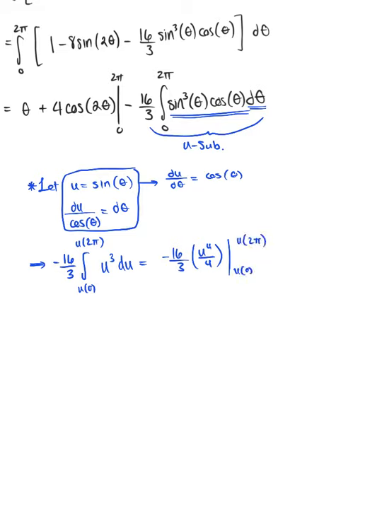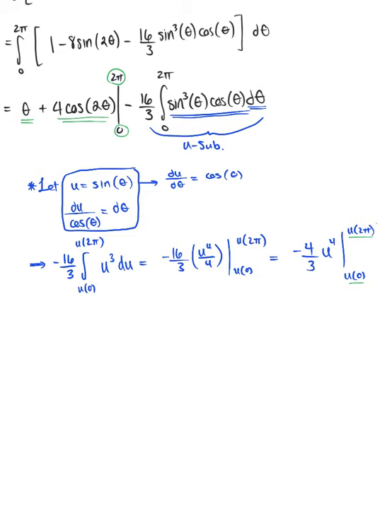And of course, we can simplify that to minus 4/3 u to the 4th, u of 0 to u of 2 pi. And normally I would change the bounds, but keep in mind that we still have theta and 4 cosine of 2 theta to evaluate from 0 to 2 pi. So I left the bounds as they were. Just be sure to protect those bounds with u, because the variables are different.